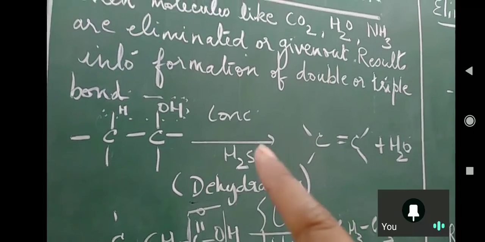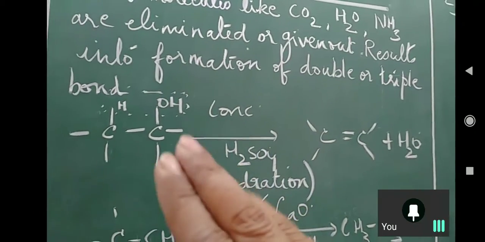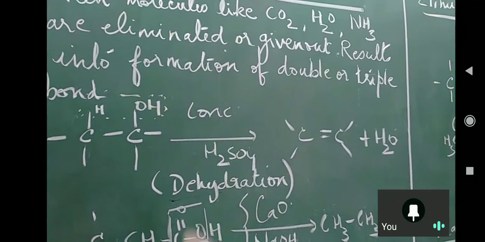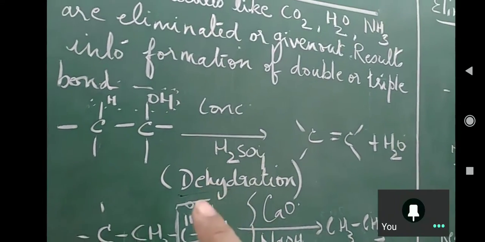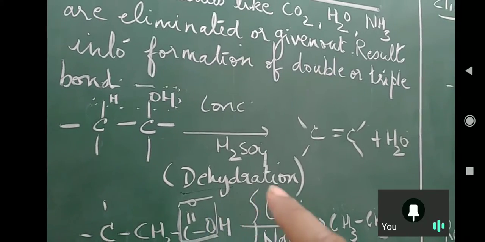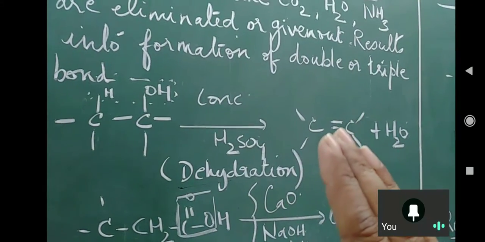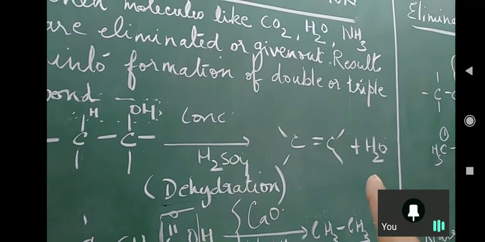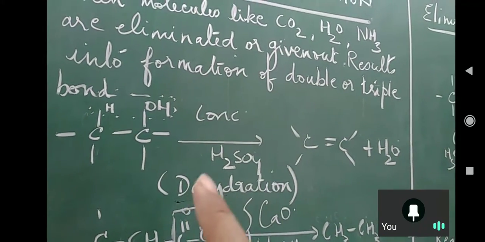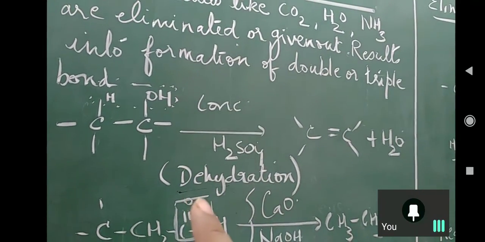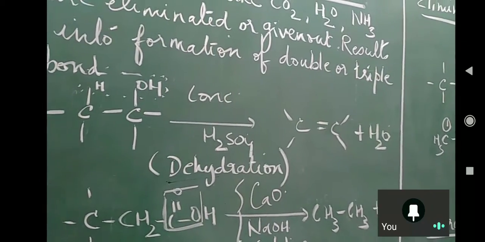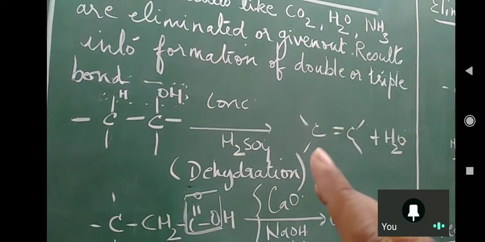Now, this is actually a reversible reaction. So the reaction goes in the forward direction because we are removing one of the products, so more water will be formed. This type of reaction is known as dehydration reaction. It is an elimination reaction, but the substance eliminated is water, so it is specifically named dehydration. De means removal and hydration means water. Removal of water.